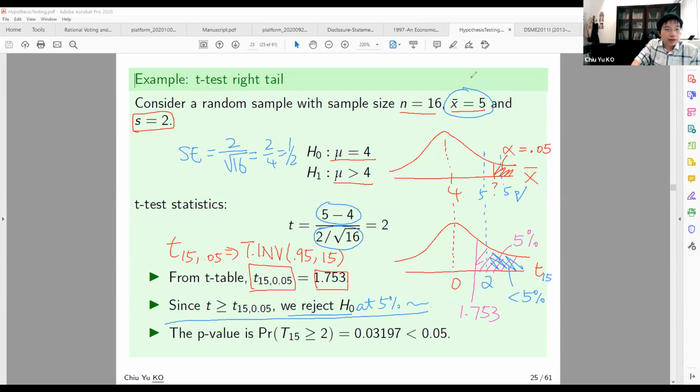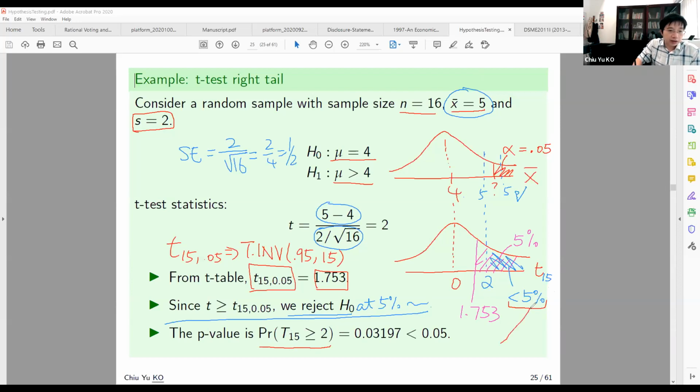Alternatively, this is used less often, but now that we have Excel, we can very often check directly. Look at this 2. What's the area here? We said less than 5%. Can we calculate exactly what the area is?